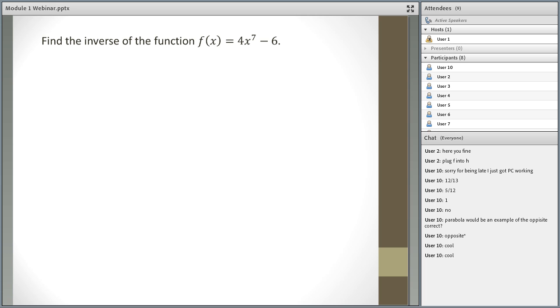If I ask you to find the inverse, we can safely assume that it has an inverse. So find the inverse of the function. What we're going to do, there's a few steps. The first step is I am going to switch the x and the f of x.